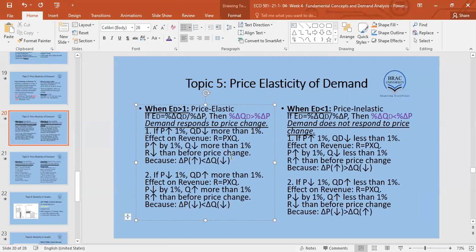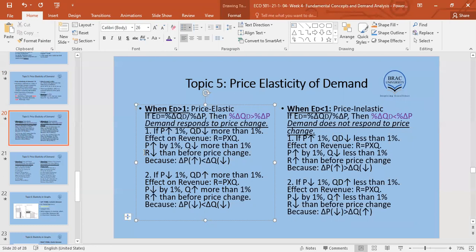So if price increases by 1% and quantity demanded falls by more than 1%, what effect will this have on revenue? Common sense. Price has increased by 1%. The response in demand is more than 1%. So people buy less than they did before the price change.